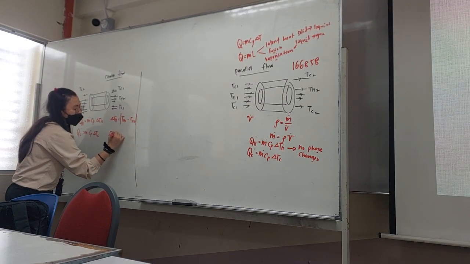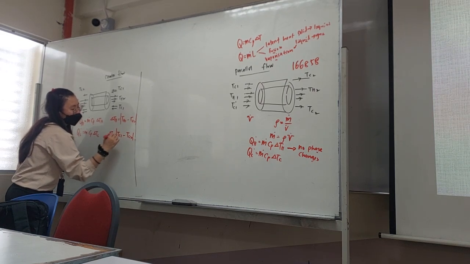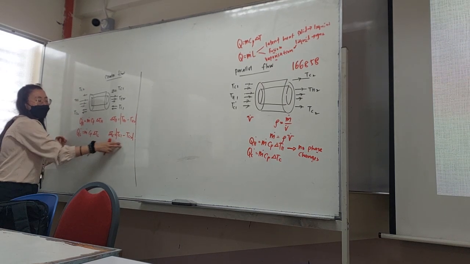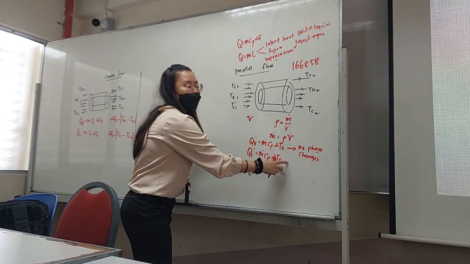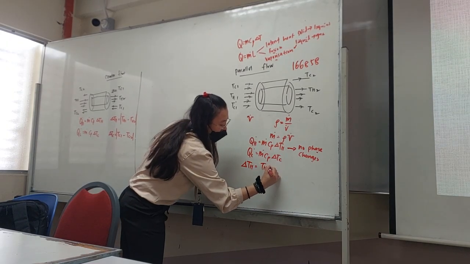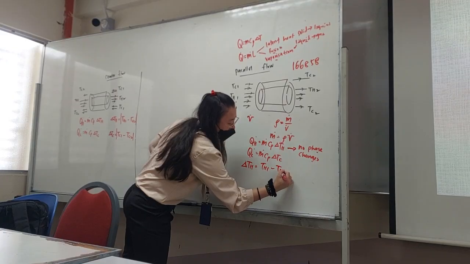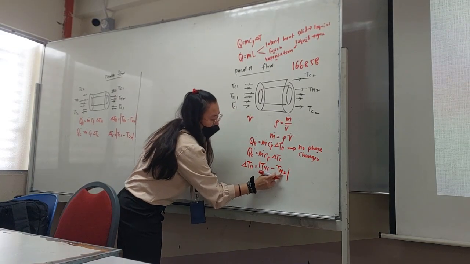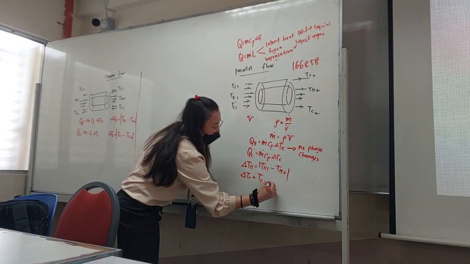Delta Tc is Tc1, Tc2, the temperature change between the cold water inlet and outlet. Same concept here: delta TH is TH1, TH2, and delta Tc is Tc1, Tc2.